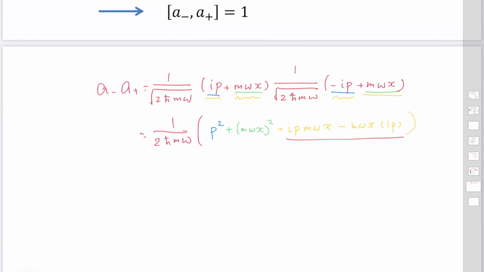In this case, p appears first and then x; in the other, it is x and then p. So you can look at this: minus i m omega is a constant, times xp minus px.